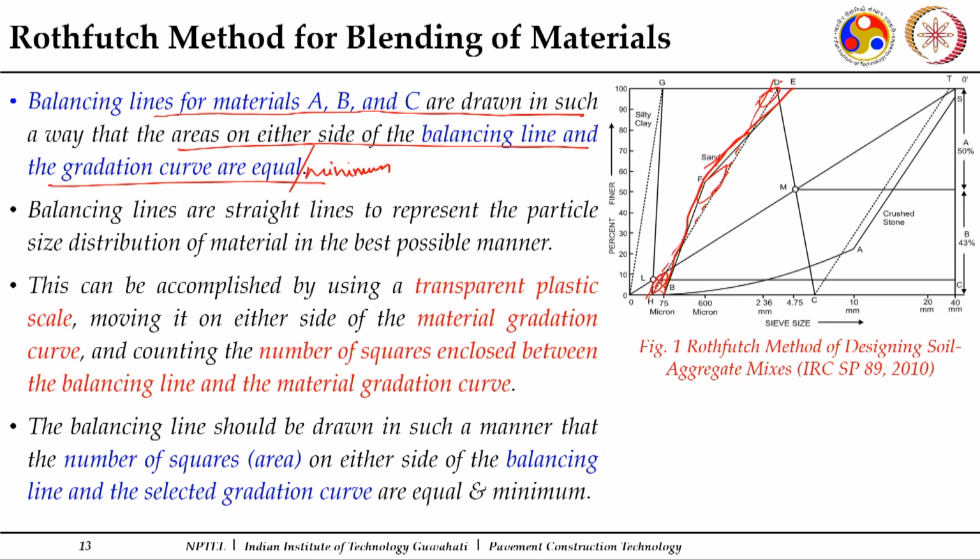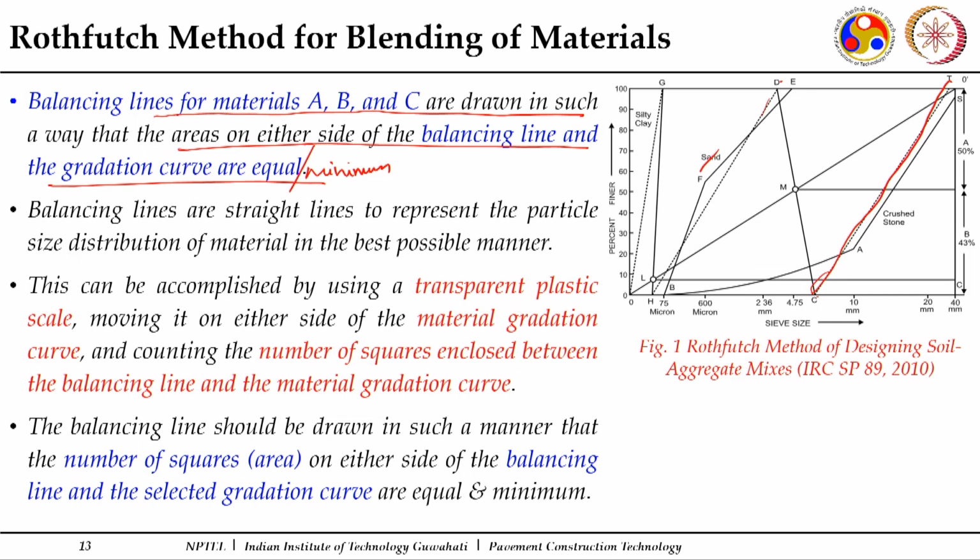So, this number of squares plus this number of squares should be equal to this number of squares. Now, this makes the balancing line, and this total number of squares should be minimum. So, I'll try to make this balancing line as close to the existing gradation as possible. This straight line best represents the gradation B. This dotted line best represents my gradation A.